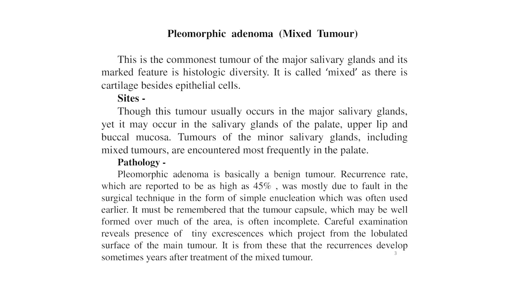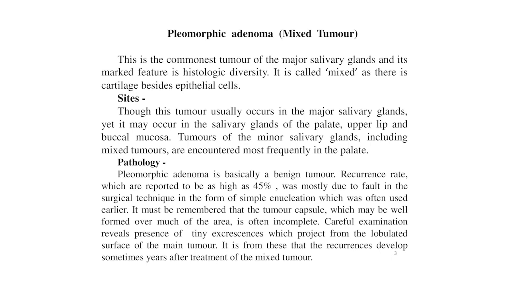Tumors of the minor salivary glands, including mixed tumors, are encountered most frequently in the palate. The upper lip is second in frequency. This tumor most commonly occurs in the parotid, and about 90% is seen in this gland. 7% is seen in the submandibular gland. In the parotid gland, the commonest location is the tail of the gland.